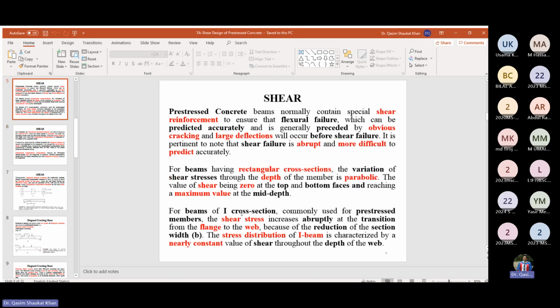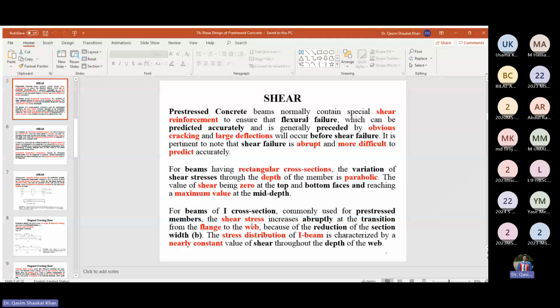So I repeat, for beams of I-shaped section commonly used for pre-stressed members, the shear stresses increase abruptly at the transition from the flanges to the web. Why? Because the width of the section reduces.